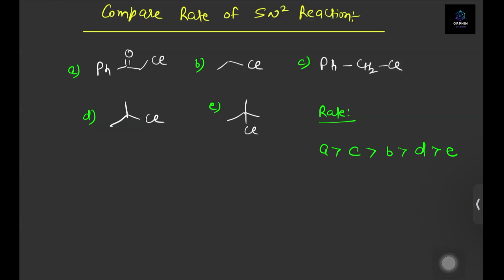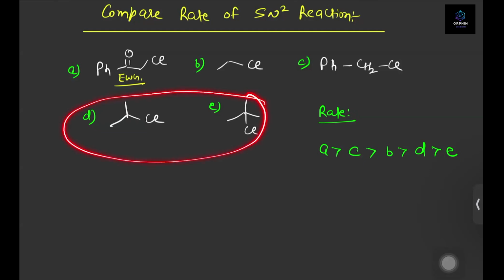So this C double bond O is an electron withdrawing group. Because of that, it will stabilize the transition state. That is why it is highest. First, we have 2 degree and 3 degree, so we will take these in the last, and then all are 1 degree. Among these, we can see the electron withdrawing group. So A will be highest.